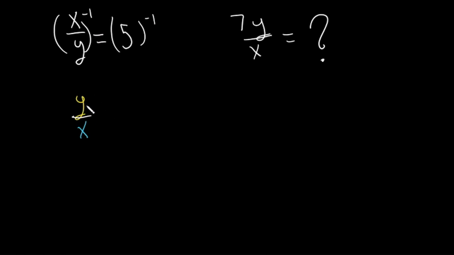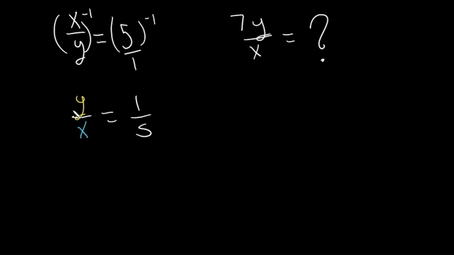Now that we have y divided by x on this side, what is the other side going to be equal to? Here we have 5 divided by 1, so the reciprocal of that is going to be 1 divided by 5. So now we have y divided by x is equal to 1/5. But we need 7y divided by x.